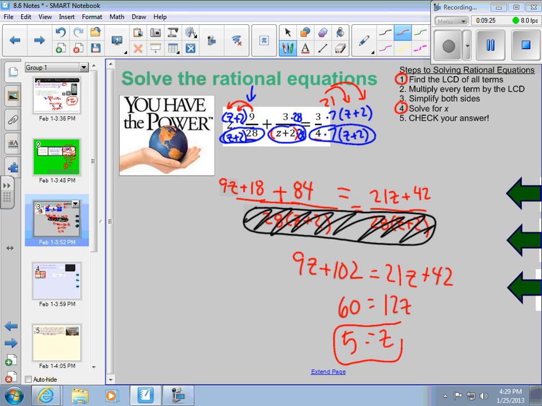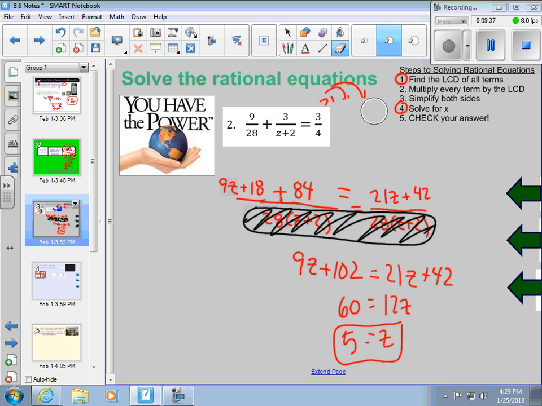Now, kind of like we did on some of these other problems from the last chapter, you always want to check, does our solution actually work? And it's always a good idea to go back, plug it in, and check just to make sure, because sometimes you get answers that are called extraneous solutions. So let's check. If we plug 5 back in for z, we got 3 over 5 plus 2, that's the same as 3/7.